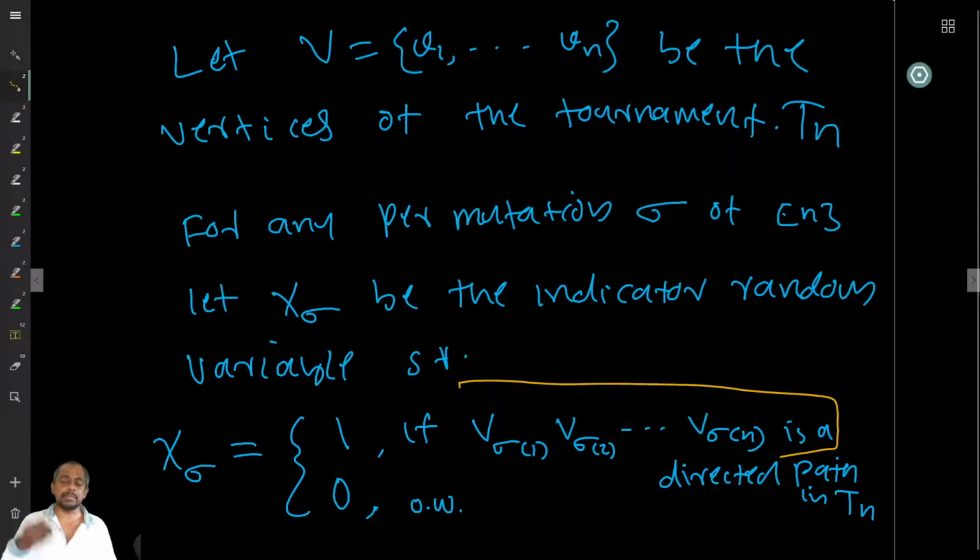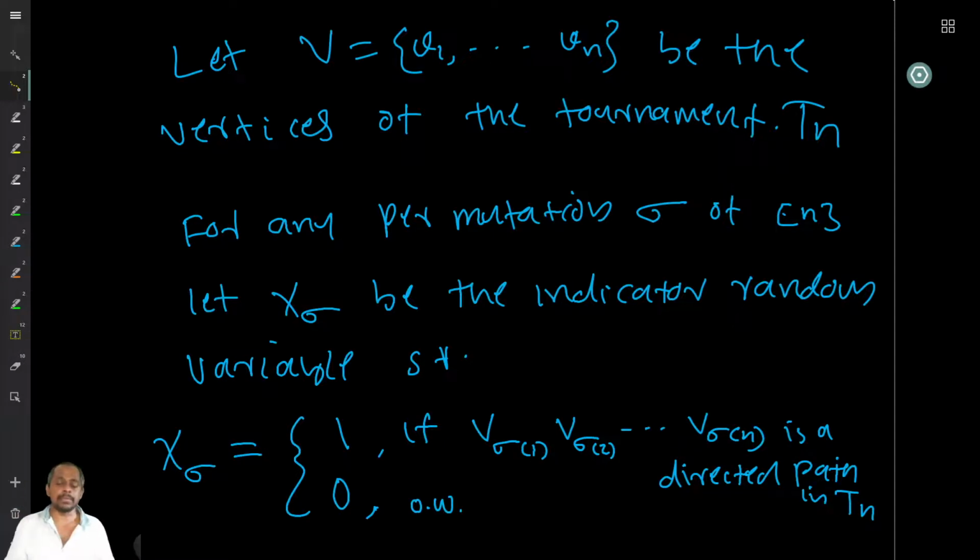Because sigma is a permutation of 1 to n, sigma of 1 to sigma of n are well defined. So V sigma 1 to V sigma n is the same set of vertices in a particular order. Now in this order in the tournament, I check whether from V sigma 1 to V sigma 2 there is an edge, in this direction. Similarly, V sigma 2 to V sigma 3, etc. I look at all the n minus 1 edges and see whether the corresponding edge is in the proper direction.